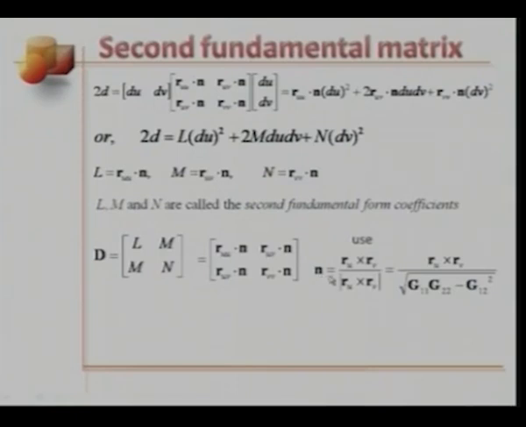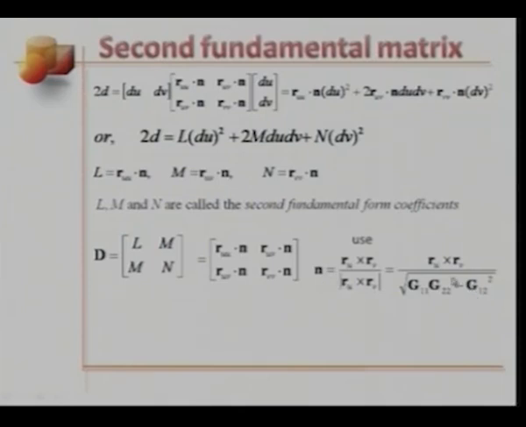The unit normal is the cross product between R sub u and R sub v over the absolute value of this numerator here, which is equal to Ru crossed with Rv over the square root of the determinant of the first fundamental matrix, G11 G22 minus G12 squared.